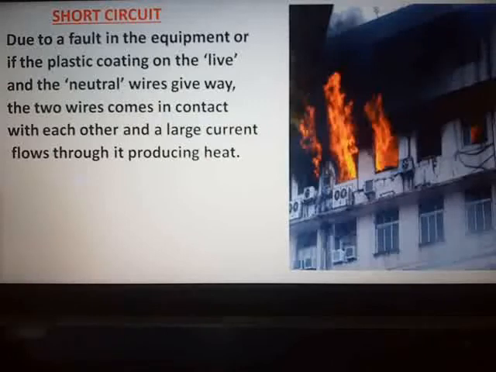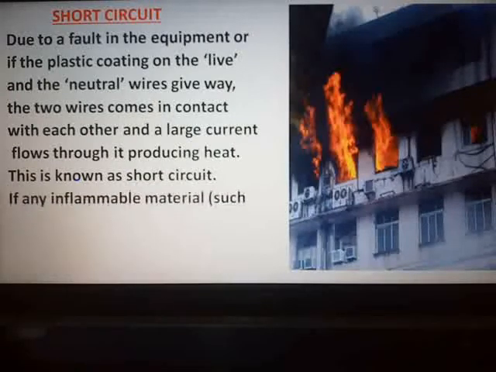The resistance of the circuit becomes very small and a huge amount of current starts flowing, producing a large amount of heat and raising the temperature, and as a result the circuit can catch fire, and this entire process is known as short circuit.